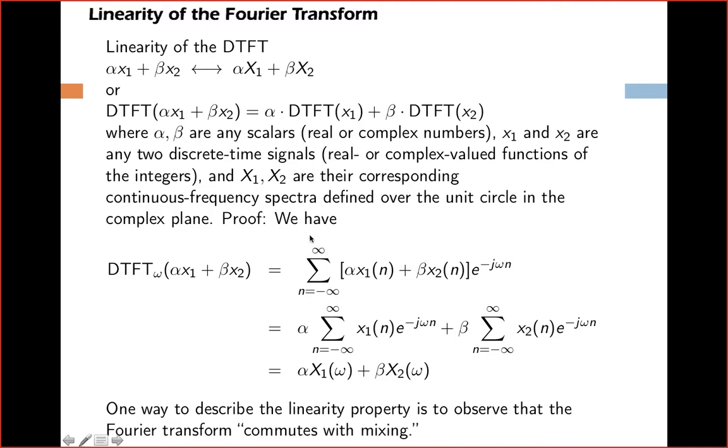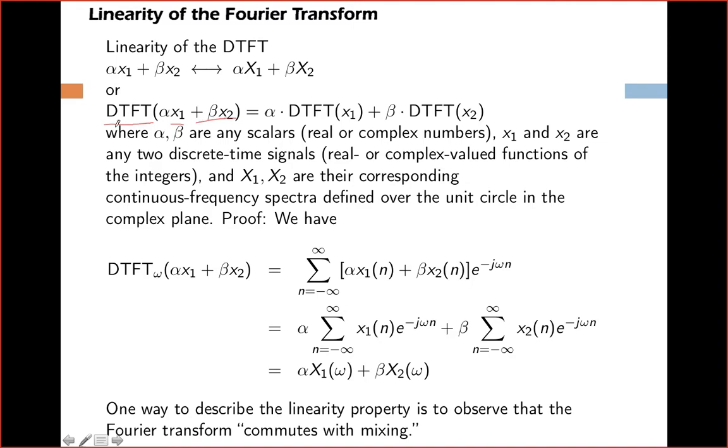The proof for this particular linearity property: just assume the DTFT of alpha into x1 plus beta into x2.